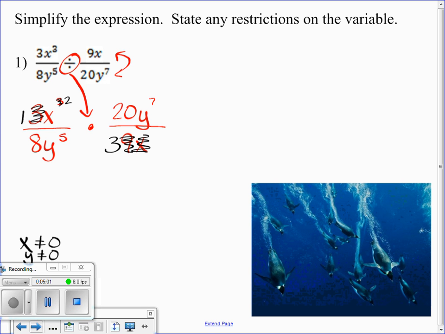Watch your handwriting, so you don't lose things. 4, good. 8 divided by 4, 20 divided by 4. 5y. So that one's gone. This would be y to the second. Do you see how easy it is to lose things? Even look at mine, and I'm writing really big. It's still hard, okay? So what do we have left? Let's smoosh it all together. What do you got on the top?